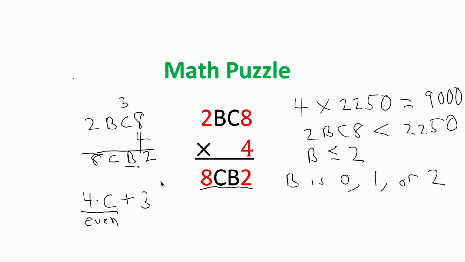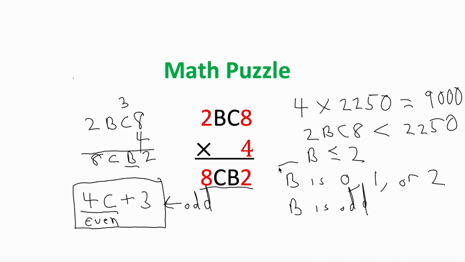And I think you can convince yourself that if you add 3 to an even number, you're going to get an odd number. So 4C plus 3 is an odd number. But B is the last digit in this number 4C plus 3. And since it's odd, that means B has to be odd.